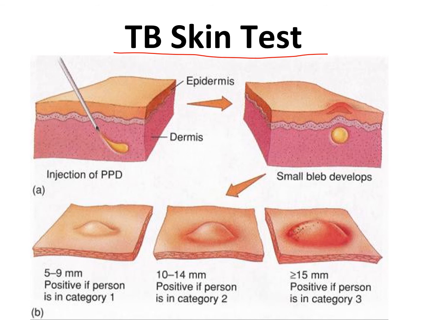So the way this test is administered is that there is an injection of the tuberculosis antigens, and if the person is sensitive, if they have been sensitized to the tuberculosis antigens, then that will trigger a type 4 response. And what you are looking for is the activation of those CTLs. So the more inflammation you see, the more destruction of the cells in that area, the more positive the test is.